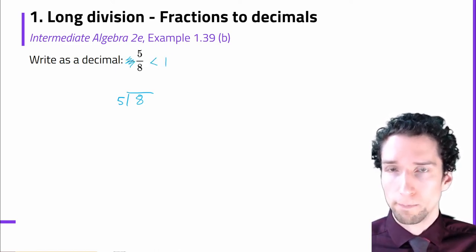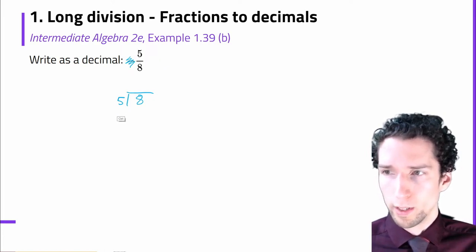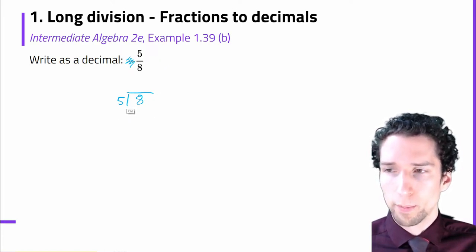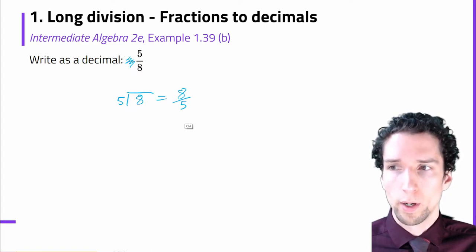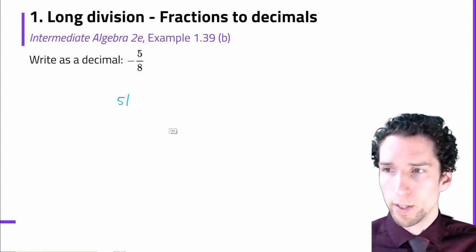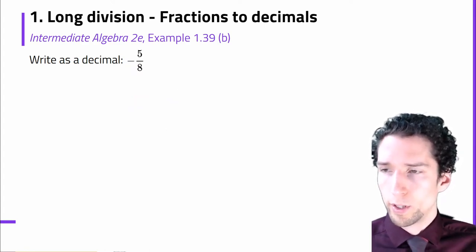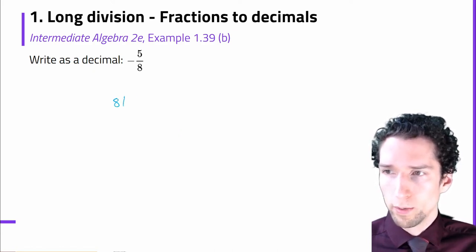That's less than 1. So if we did 8 divided by 5, well, that's 8/5. But we want 5/8. So make sure you're writing your division here in the correct way. 8 is on the outside, 5 is on the inside here.